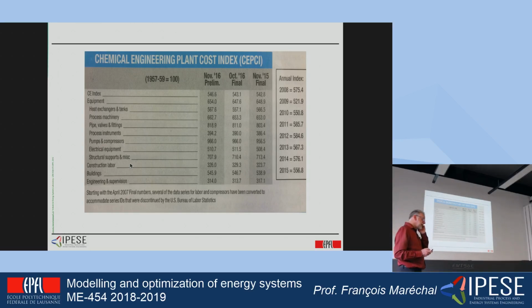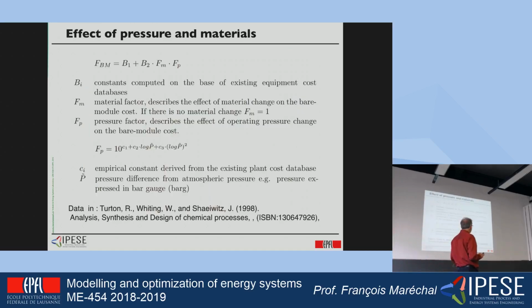In addition, some people have also proposed adaptations of the formula to account for the fact that you would perhaps need a special material in a compressor. If the fluid that you have to compress is corrosive, you will have to change the material, and therefore you will have to pay an additional amount for the material.